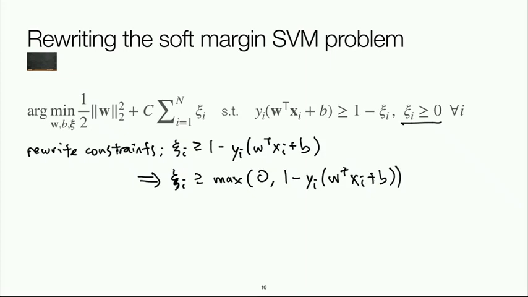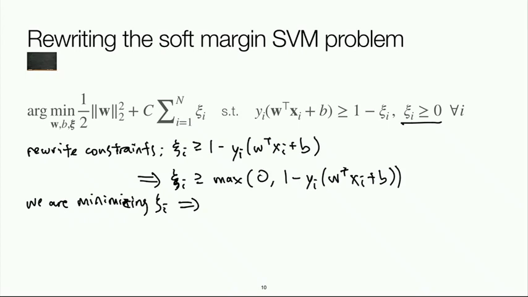Okay, so we have now that xi_i is greater than or equal to the max between these two terms. However, we are minimizing xi, right? This xi is part of my minimization. So if I say that xi has to be greater than or equal to this value, but I'm minimizing it, then what value is it going to take?